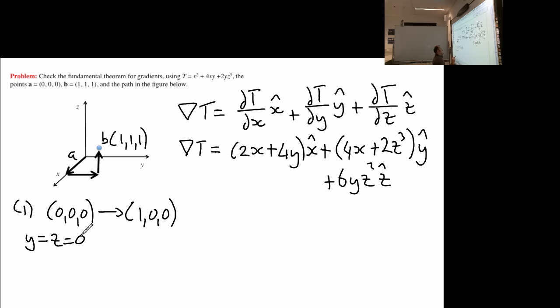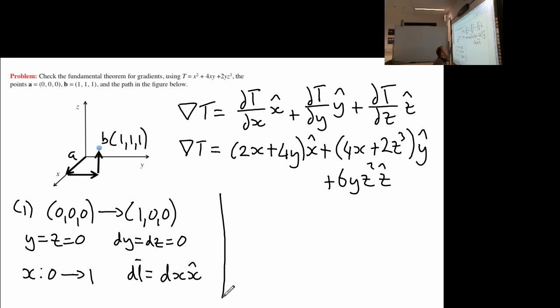They stay the same as we move along the path. So we have dy is equal to dz, which is equal to 0. X, on the other hand, goes from 0 to 1. So here our infinitesimal displacement vector dl is equal to dx x hat.